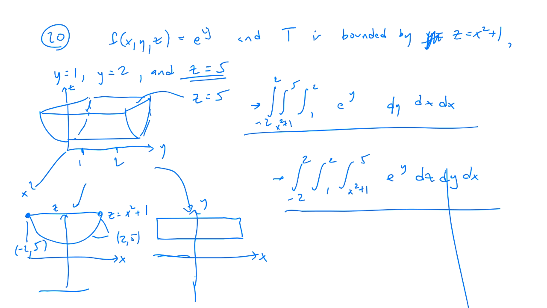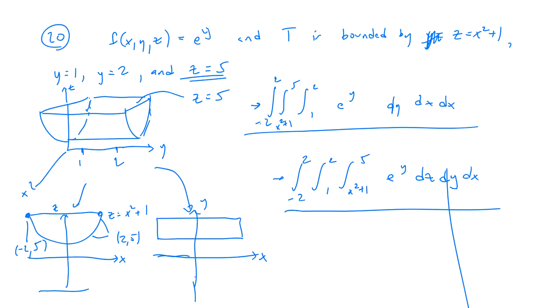Notice we don't really want to project into the yz plane, because although it's not too terrible, we would have to solve for z, so we get x equal to plus or minus the square root of z minus 1 for the limits, which would be a bit messier. As with the two-dimensional case, you can do it whichever order you want.